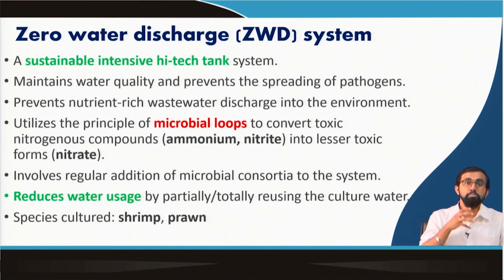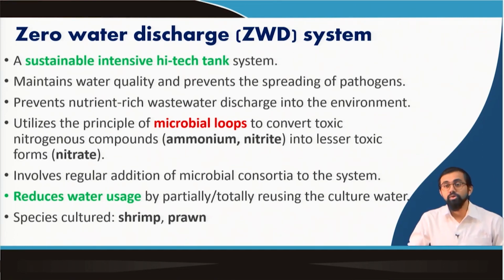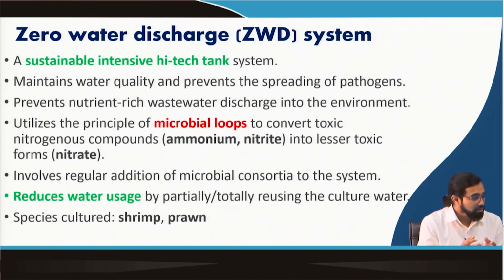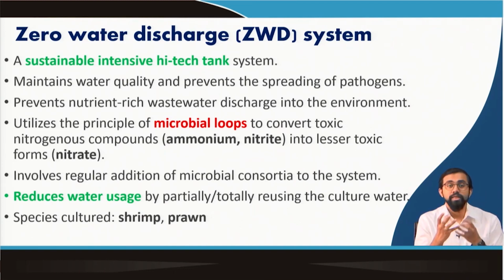We utilize the principle of microbial loops to convert toxic nitrogenous compounds like ammonium into less toxic forms, like nitrate. And this nitrate can be further utilized by plants, phytoplankton, or microalgae, which further reduce the overall pollutant load of the system.